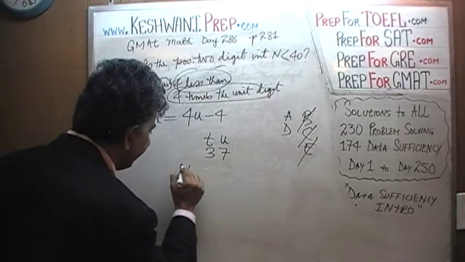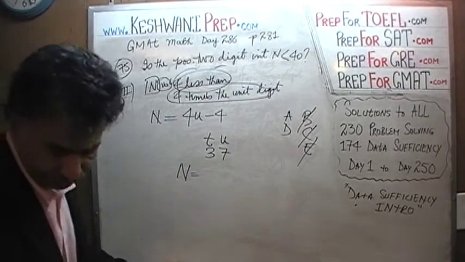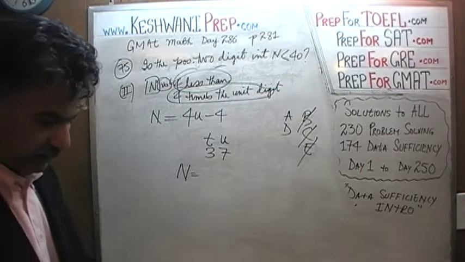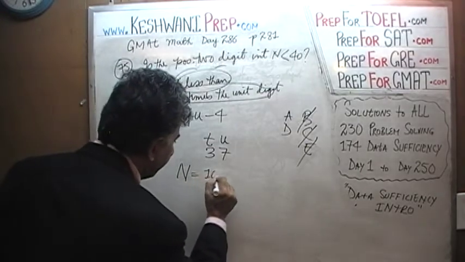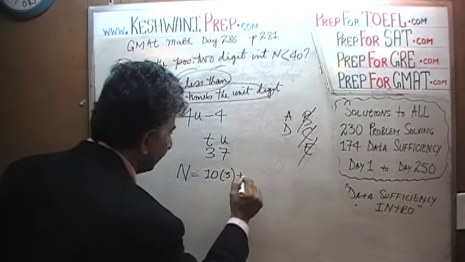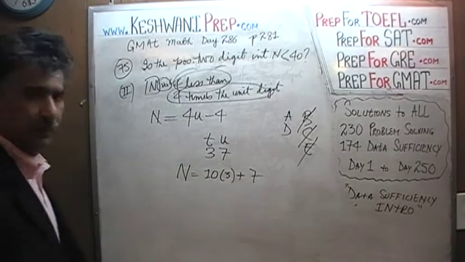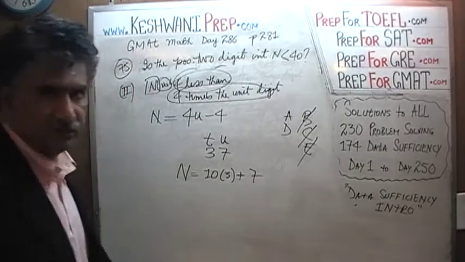We would say that n is equal to, in the language of algebra, 10 times 3 plus 7. 10 times 3 is 30 plus 7 is 37.